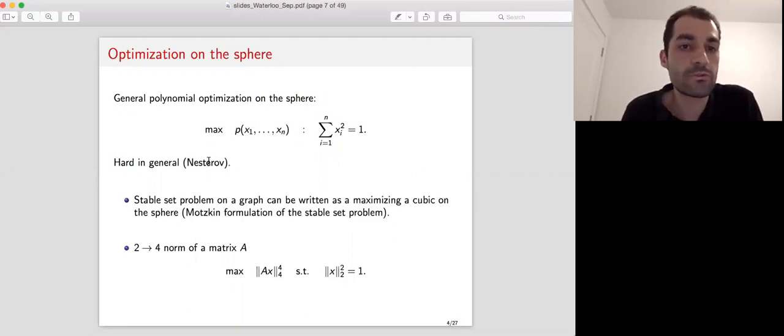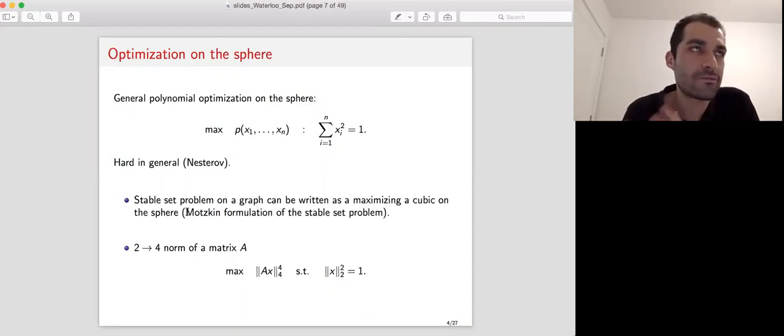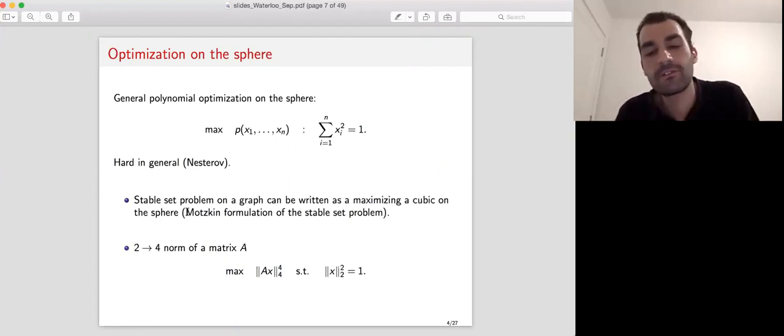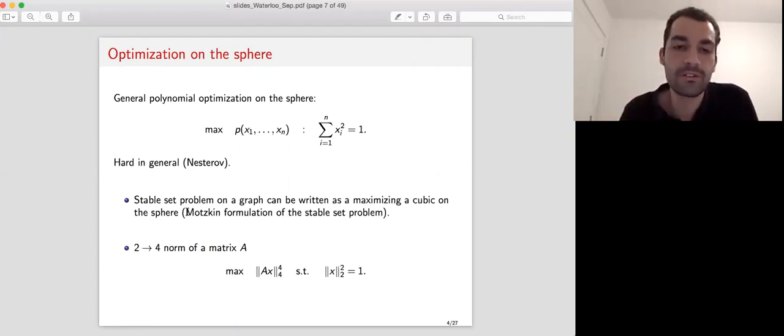This is something that was shown by Nesterov, and it's really an application of something called the Motzkin-Strauss formulation of the stable set problem, which tells you that 1 over the stability number of a graph can be written as a maximization of a certain quadratic on the non-negative orthant, essentially.